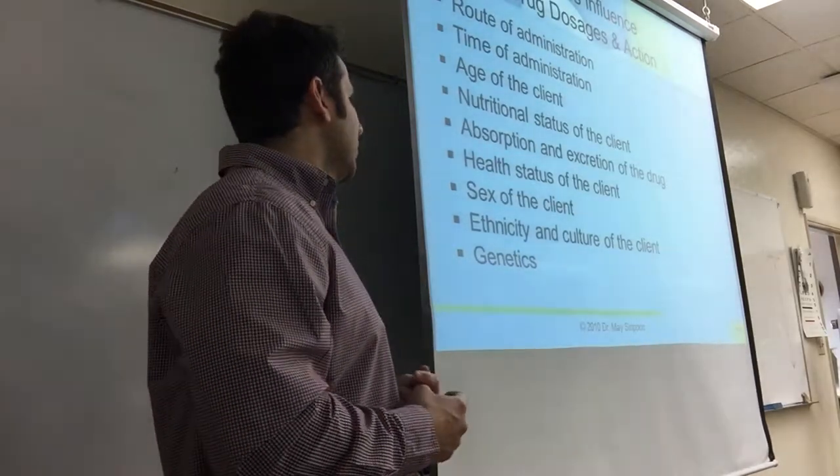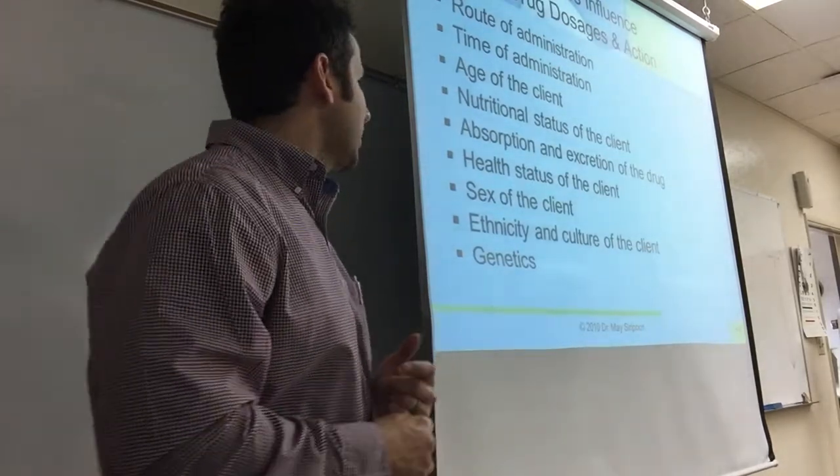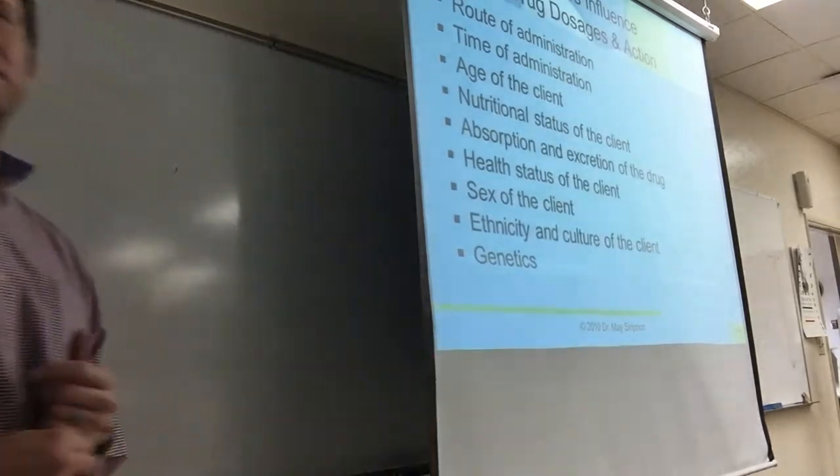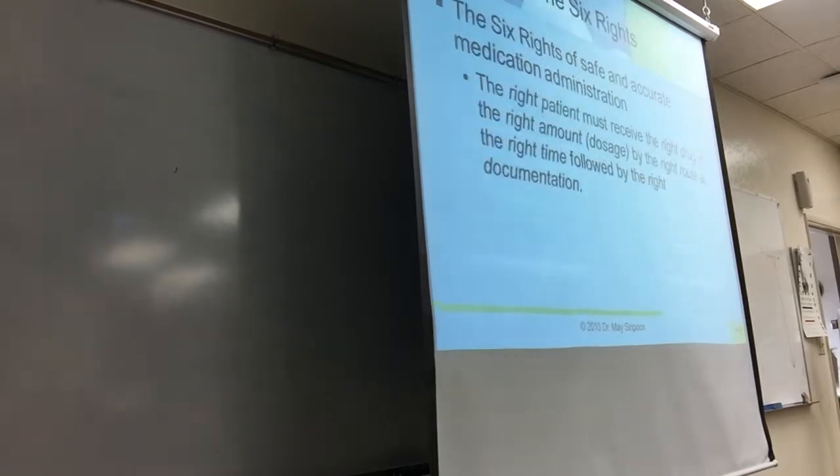So that gives us an idea of what we need to do for our patients. And genetics, obviously, everybody's different. Everybody has their own fingerprint on the world. So not all your patients read your textbooks and react like they're supposed to. So there's 6 rights of safe and accurate medication administration.